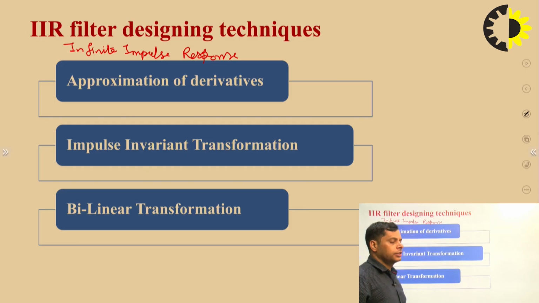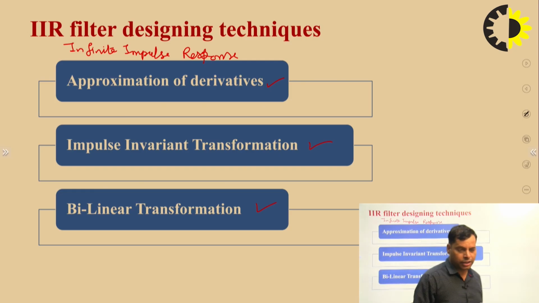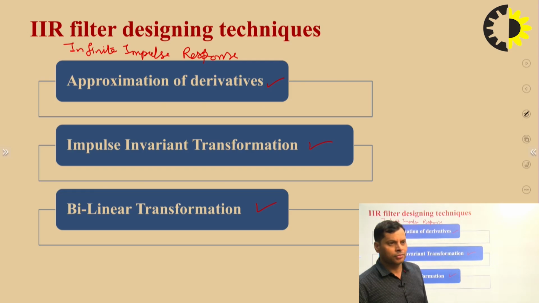We can also design the FIR filter, but that will be discussed later on. The IIR filter design techniques are approximation of derivatives, impulse invariant transformation and the bilinear transformation. These three are the more popular techniques for designing of the IIR filter.